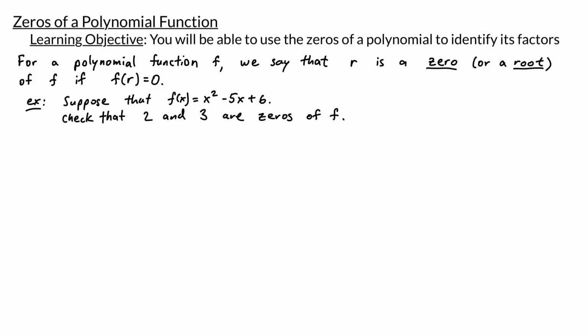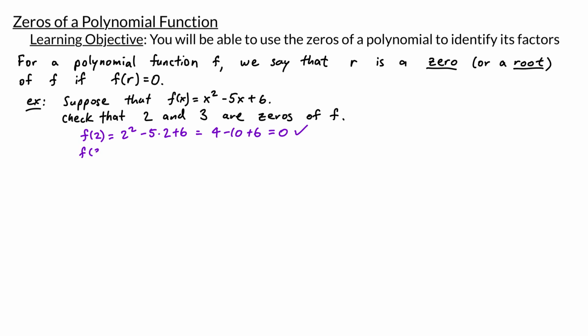So for example, if we evaluate f of 2, we have 2 squared minus 5 times 2 plus 6. This is going to give us 4 minus 10 plus 6, which equals 0. So since the output here is equal to 0, we say that 2 is a 0 or a root of our function.